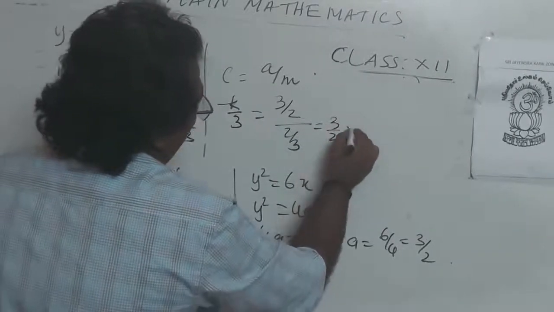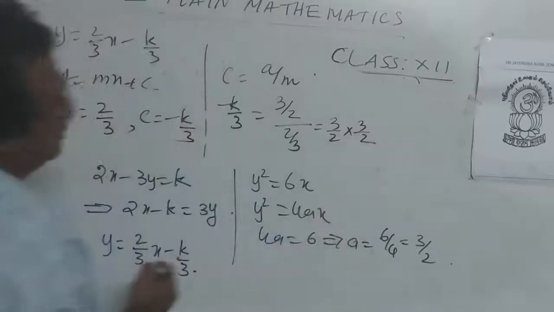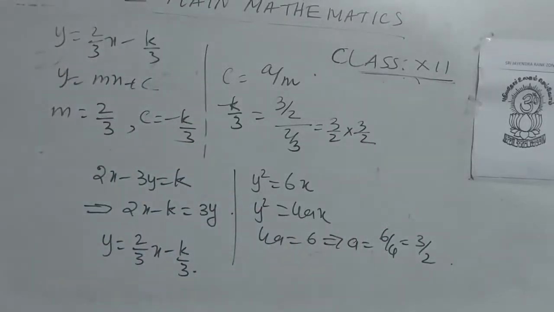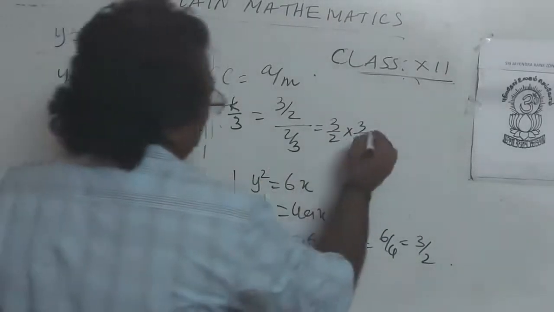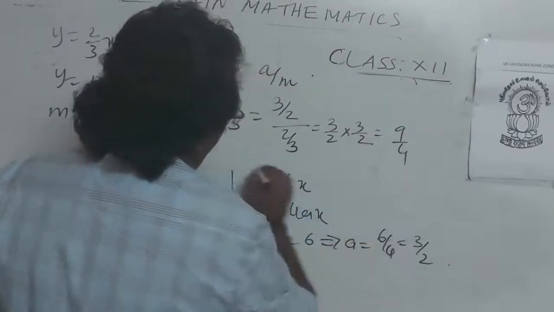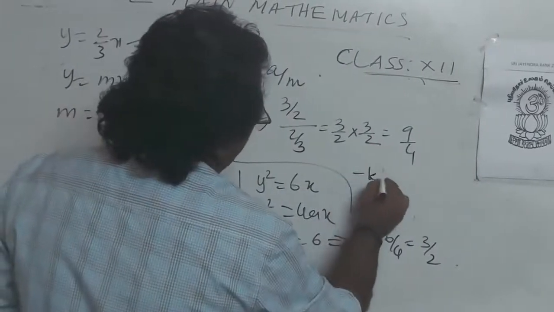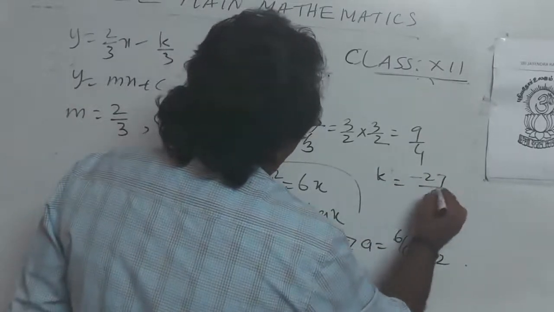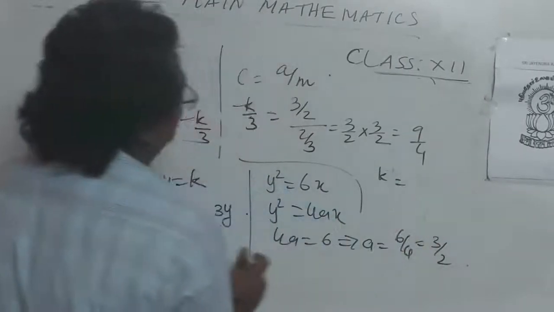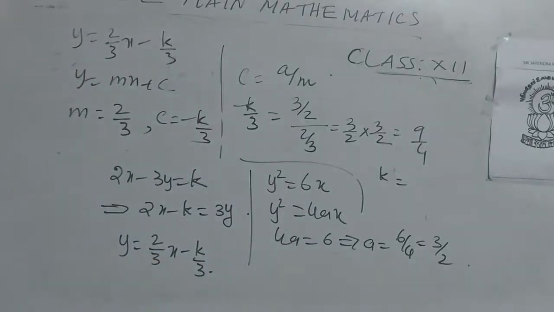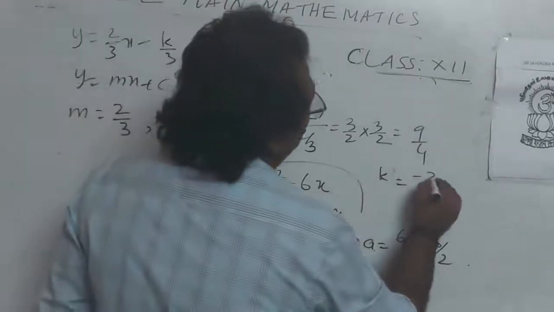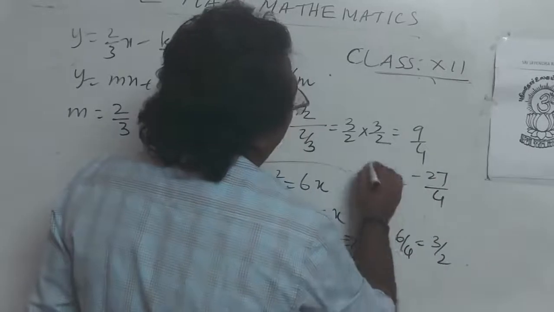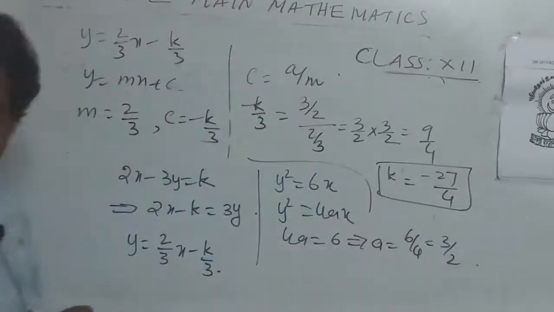So minus k by 3 equal to 3 by 2 into 3 by 2, that is 9 by 4. k equal to minus 27 by 4.